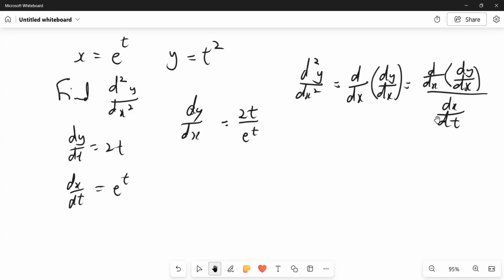The reason you have to do this is we have no way of differentiating dy/dx with respect to x.